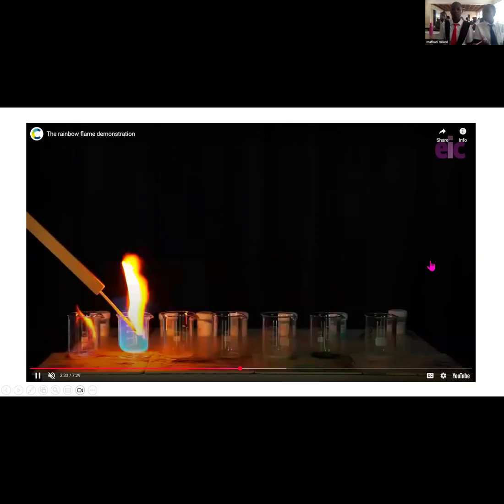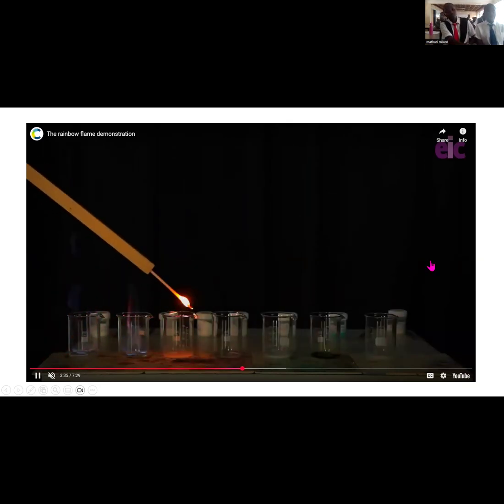What we have here is a group of beakers, and they are going to be lit. They have ethanol and alcohol in them and various chemicals with it. And this is to show you that different chemicals give different colored flames.